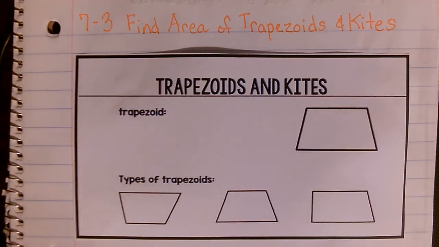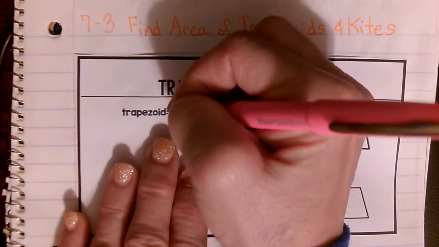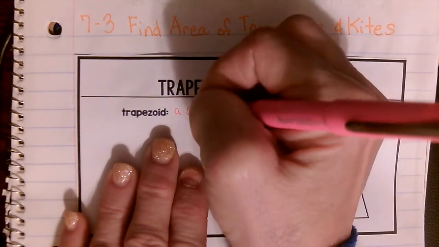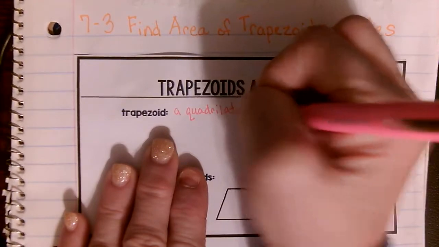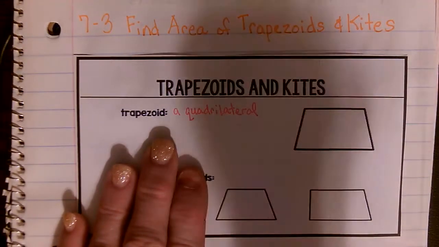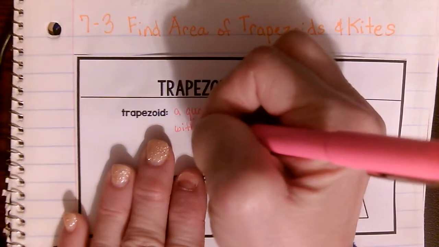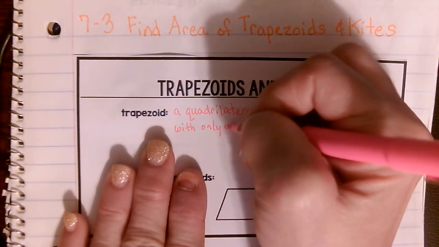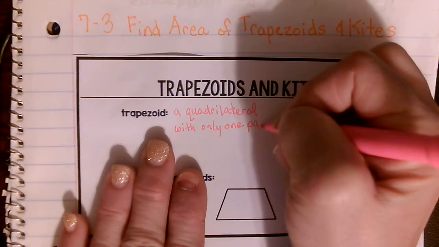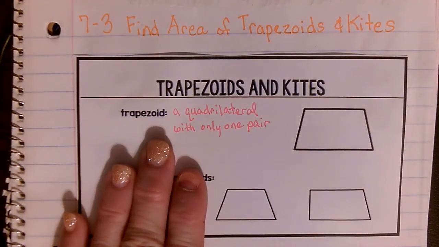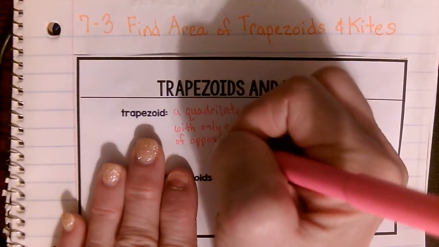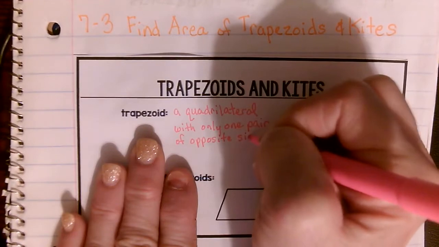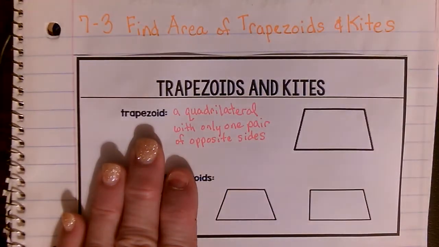And the definition of a trapezoid, first of all, it's a quadrilateral because it has 4 sides. A quadrilateral, alright, with only one pair of opposite sides, those are called the bases.